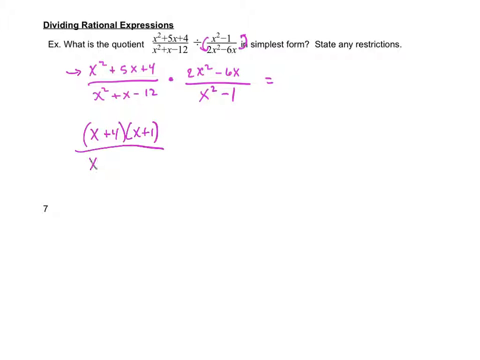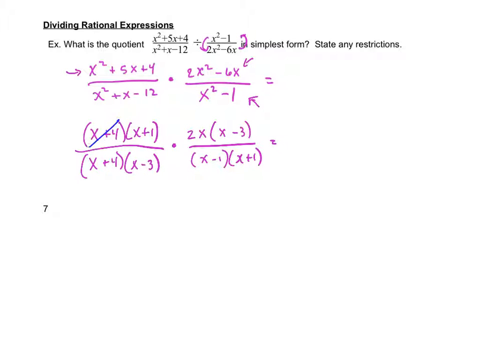The denominator is going to be x plus 4, x minus 3. The greatest common factor in this expression is 2x, and that leaves behind x minus 3. And finally, this denominator is the difference of squares, so that would be x minus 1 and x plus 1. Now all we have to do is some simplification, some cancellation.